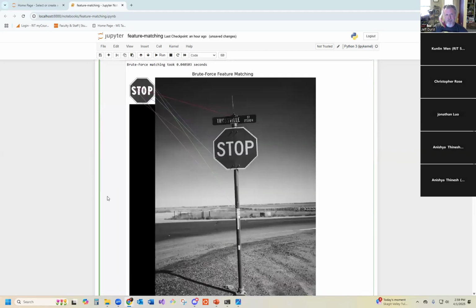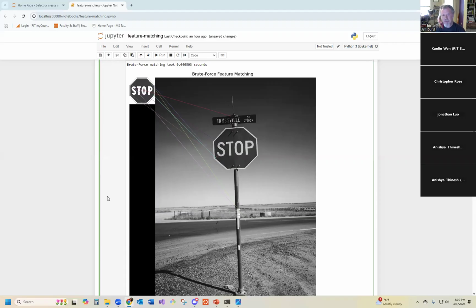All right. So here you can see with our brute force matching, it only took 0.04 seconds. So we saw it was super fast. But you can also see, because we've just let OpenCV do whatever it wants, kind of free rein, our matched features are terrible. We have two features that are matched on the stop sign.